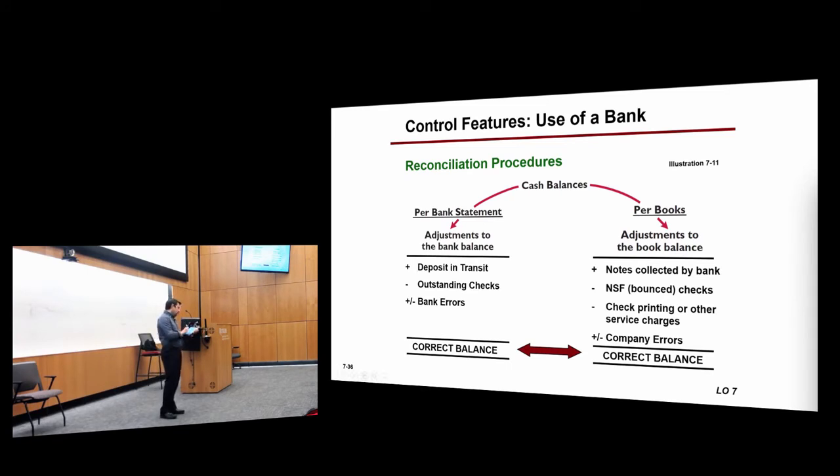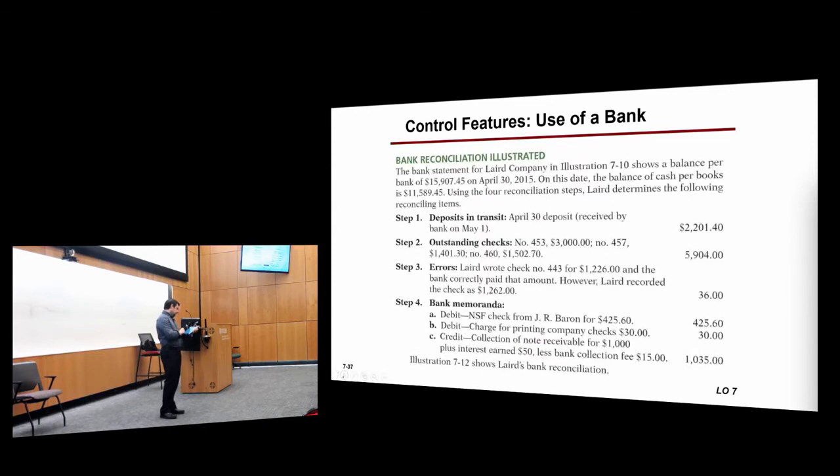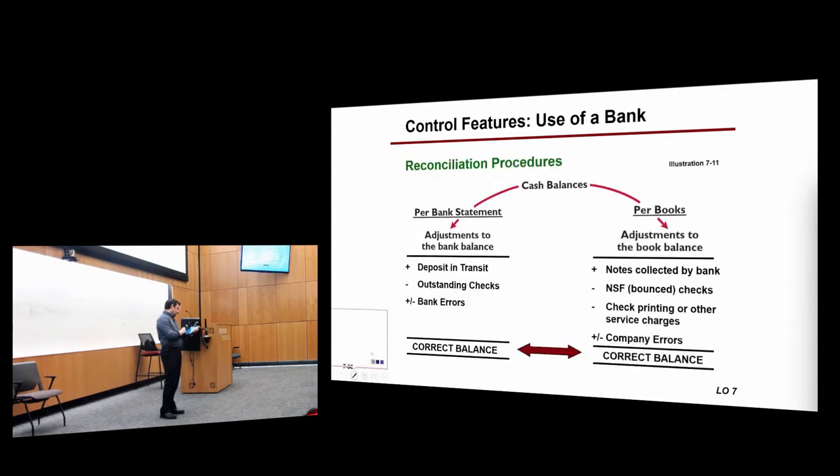You add deposits in transit. Why would you add deposits in transit? This is the money that you already deposited, but the bank statement has not reflected yet. So you have to add those deposits in transit. You also need to subtract outstanding checks.